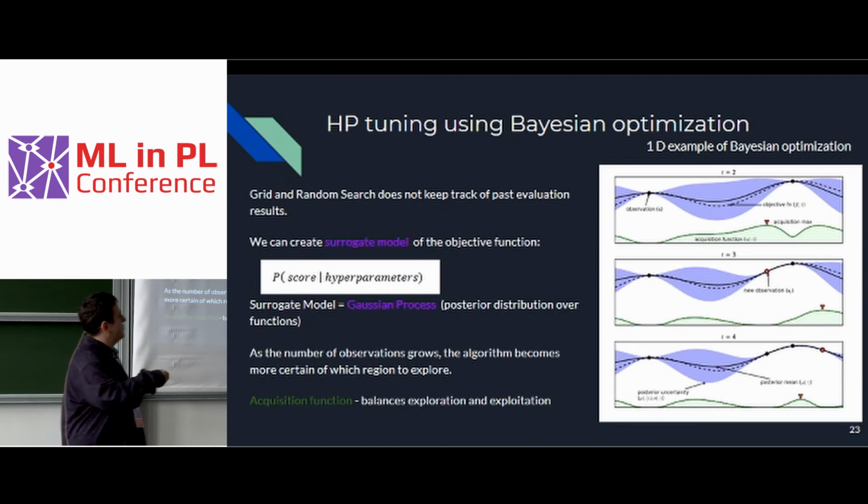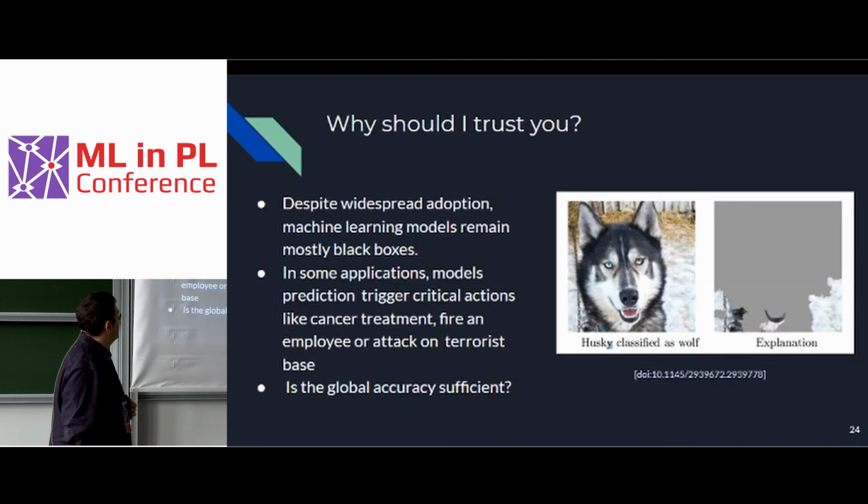It models something like the score conditioned on the values of the hyperparameters, and uses a Gaussian process as a surrogate model which models the score. There is another thing called the acquisition function, which balances exploration and exploitation. It shows you at which point we should probe next.